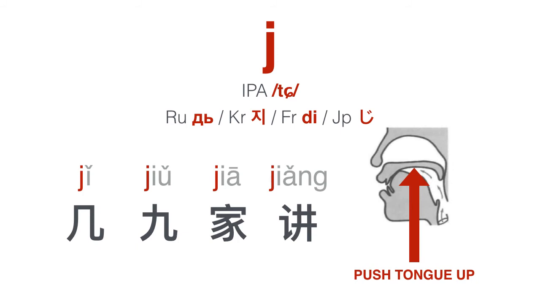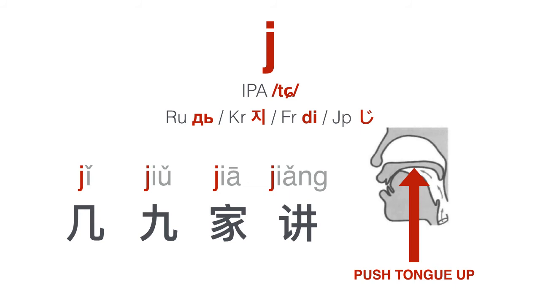Here's some examples. The word for how many is 几. And the word for 9 is 九. If you're getting 九 wrong, just make sure to push the tip of your tongue against your hard palate. So it's not 九, it's 九.